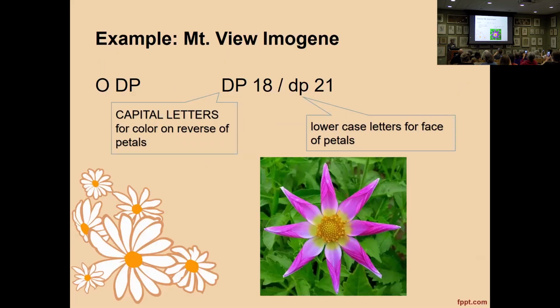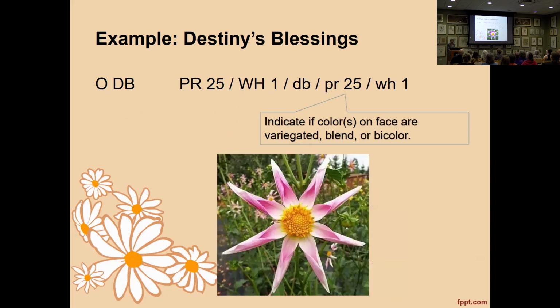First, we have Mountain View Imogene. It's an orchid dark pink. The colors are dark pink 18 for the reverse of the petals and dark pink 21 for the face of the petals, and that's in lowercase. Destiny's Blessings.